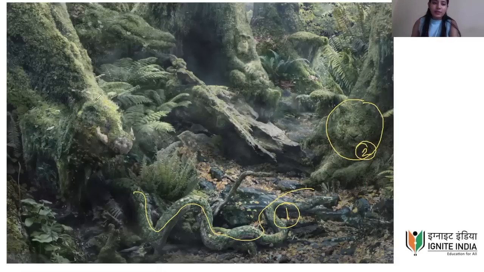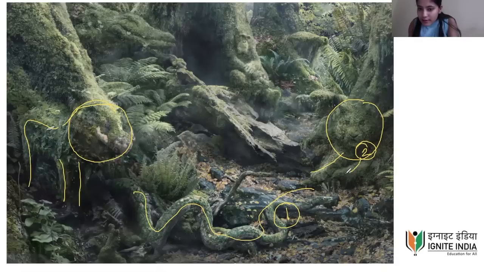There's this rhinoceros, or a wild boar, I think it's a wild boar, not a rhinoceros, which is here. You can see the legs. Here also you would be able to see the legs. So this makes it 3rd. Now you will see here the mouth of the alligator or the crocodile and the eyes. This will be our 4th. Then you will see this monkey which is here, or a gorilla, which is 5th.